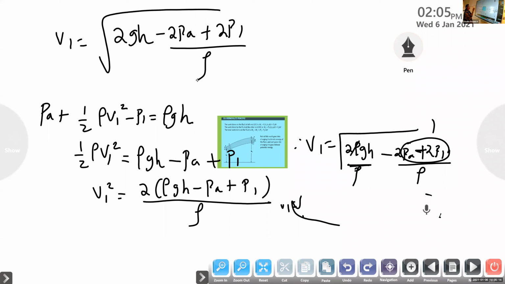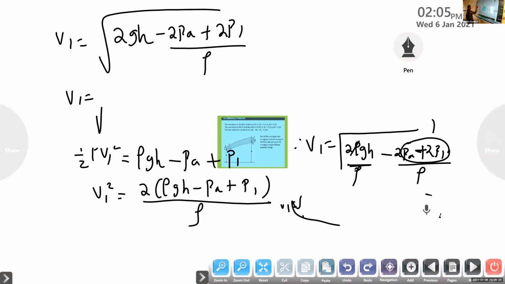If you take it out, you can only take out 2. No need of taking the negative. So our equation is going to be V1 is equal to square root of 2GH plus 2 into (P1 minus PA).